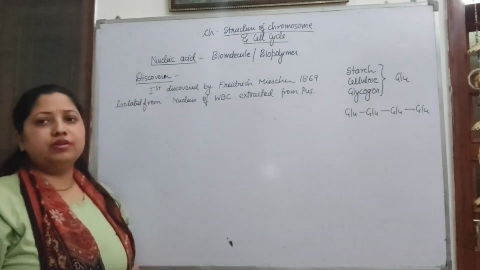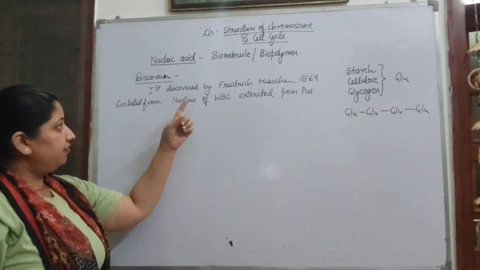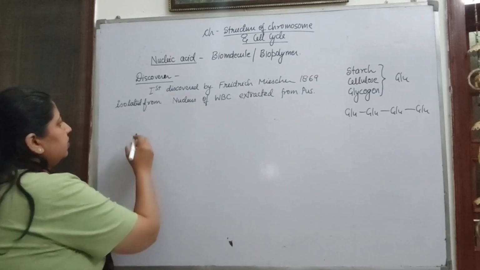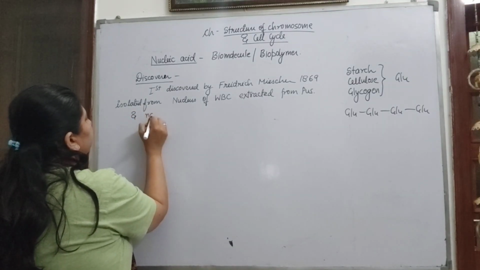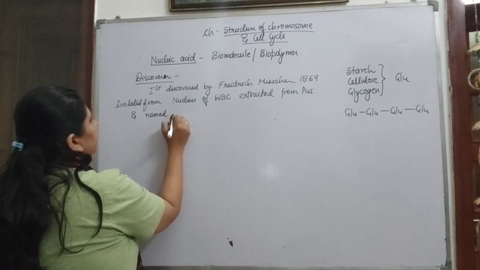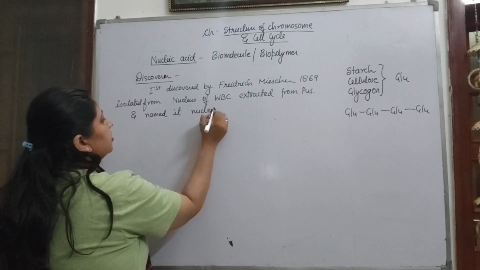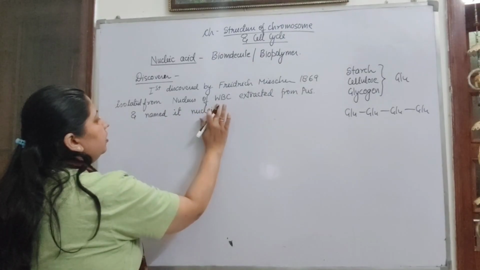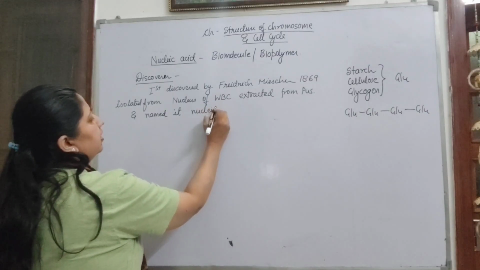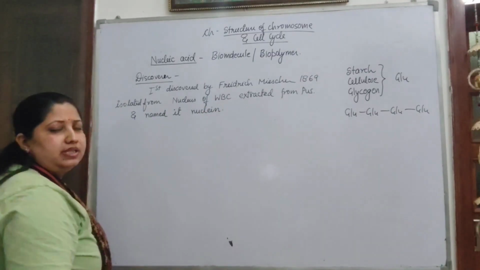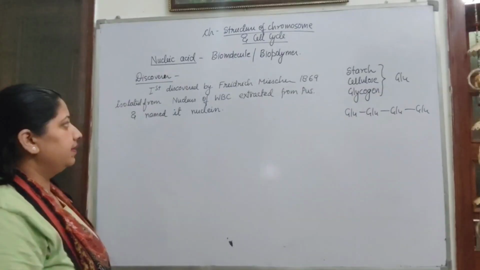So nucleic acid was first discovered by Friedrich Miescher, who named it nuclein. This is an acidic molecule, and he gave it the name nuclein.